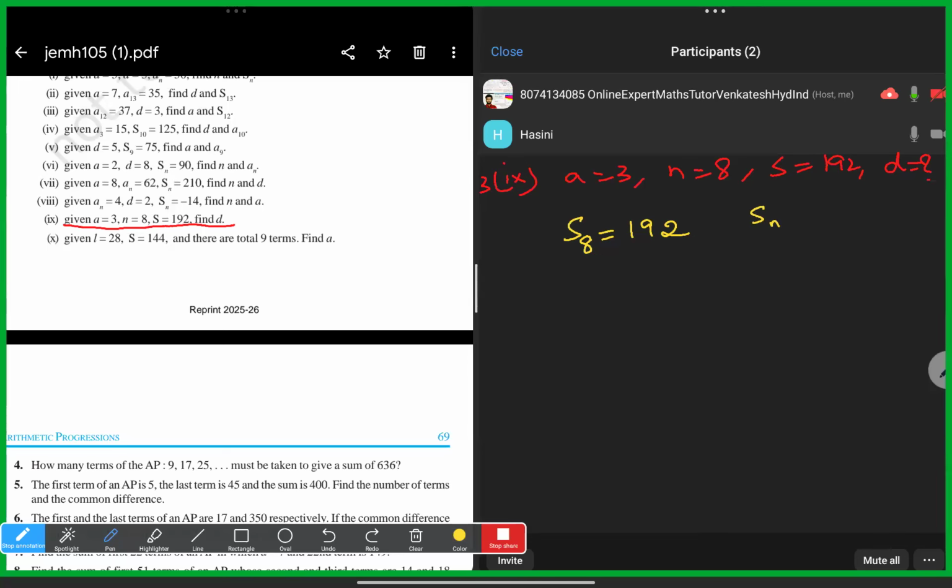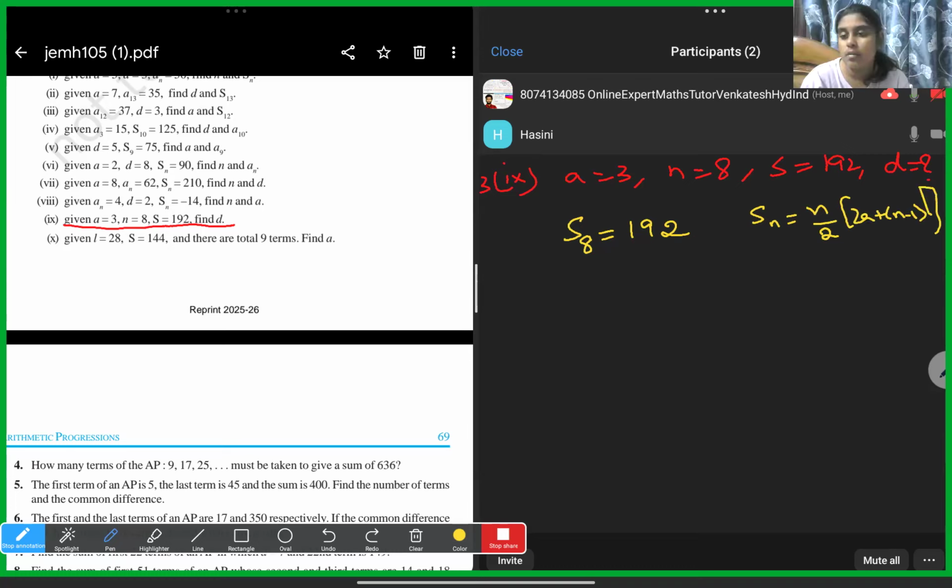So Sn, we know the formula is n by 2 into 2a plus n minus 1 into d. Okay, Hasni? Okay, sir. Now I am just writing Sn, S8 is 192 given.